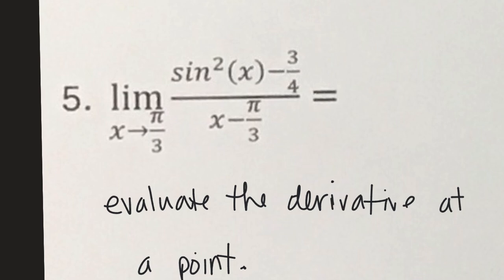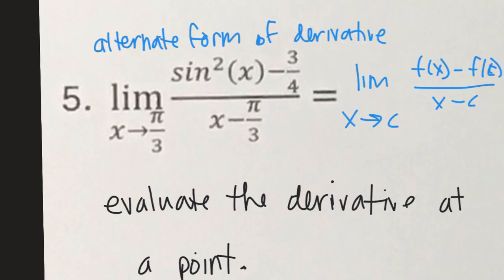Okay, this is called the alternate form of the derivative. So here's your alternate form. The limit as x approaches a number of your function minus the function evaluated at that number. So this is the y value when you plug in your c, right? So c is the number, or the point, the x value that we're trying to evaluate the derivative at.